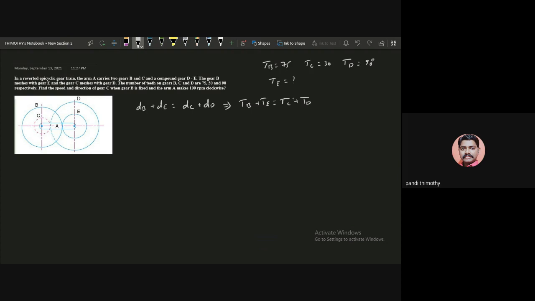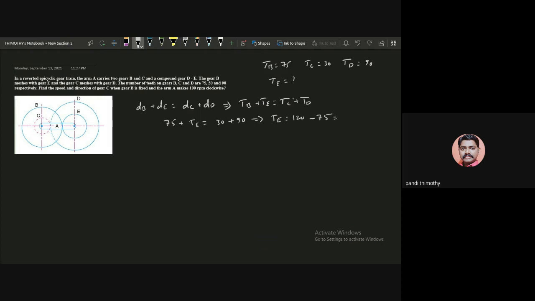So this is TB 75 plus TE, which we are going to determine, is equal to TC, that is 30, plus 90, not degree, this is 90. So from this I can find out that TE is equal to 90 plus 30, 120, minus 75.